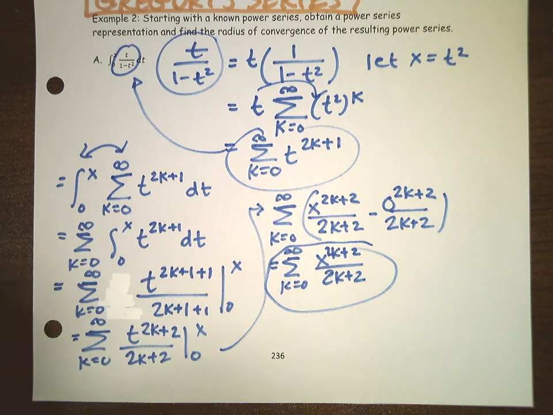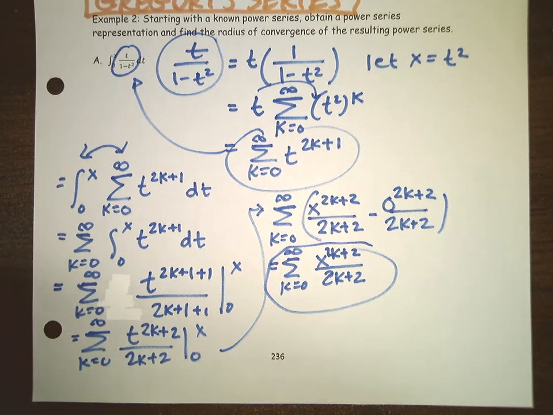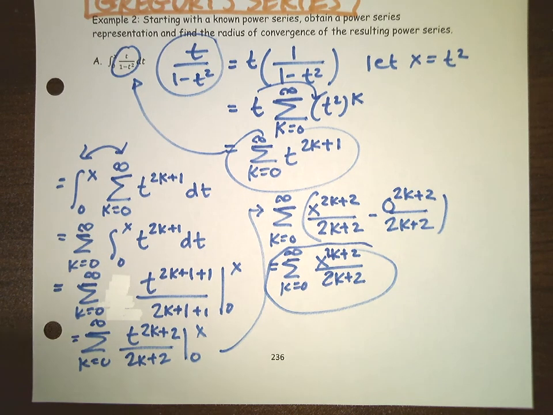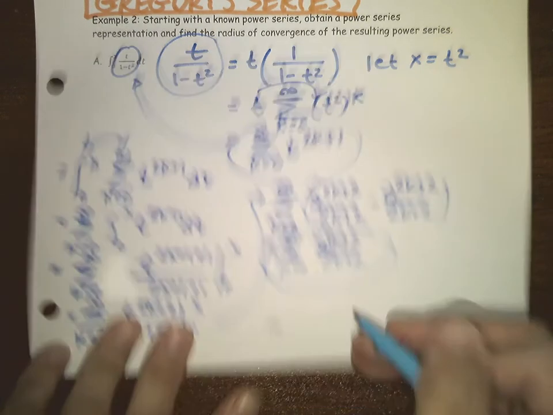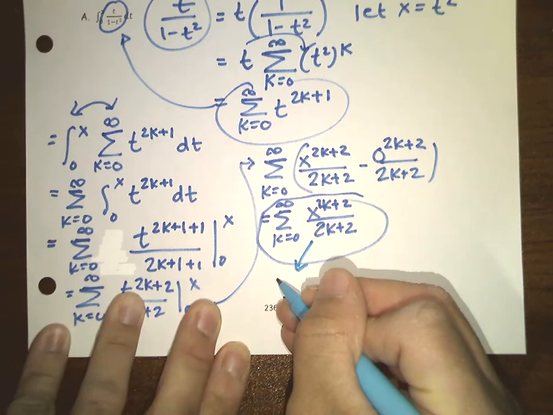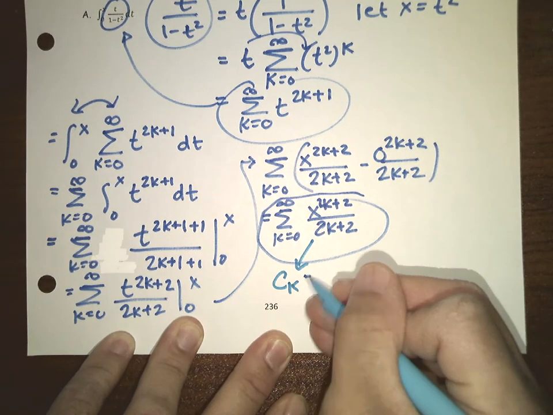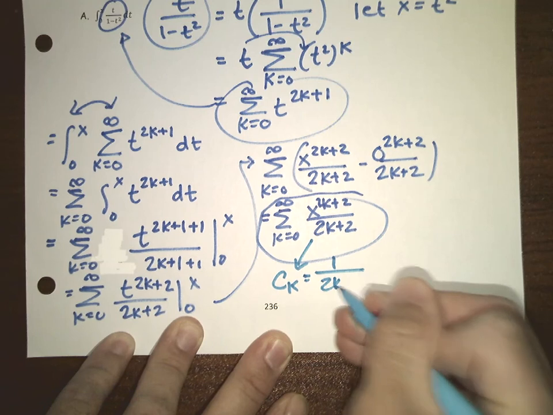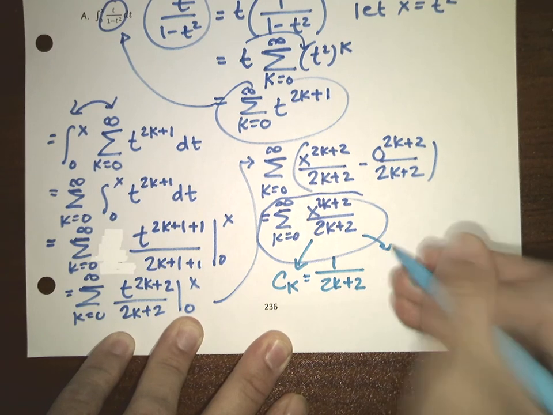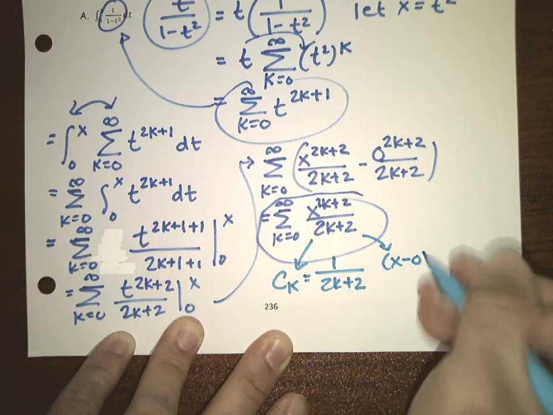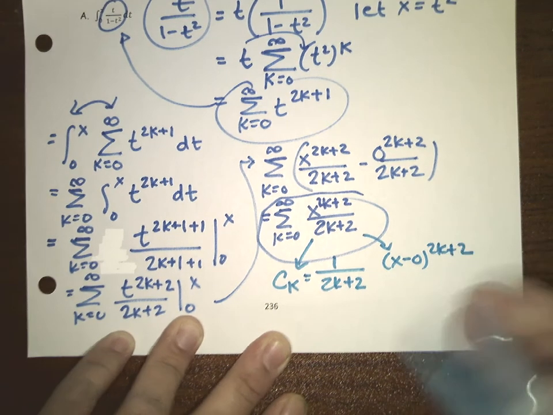So now all we need to do is go ahead and find the radius of convergence of the resulting power series. This should be fairly easy to do because we know that c_k is 1 over 2k plus 2, and this is x minus 0 to the 2k plus 2.